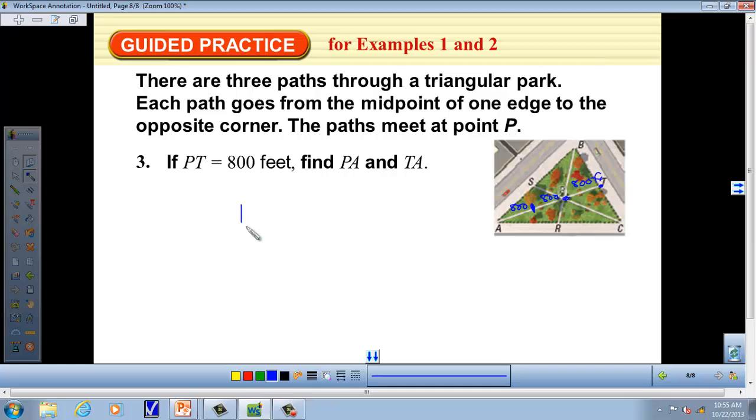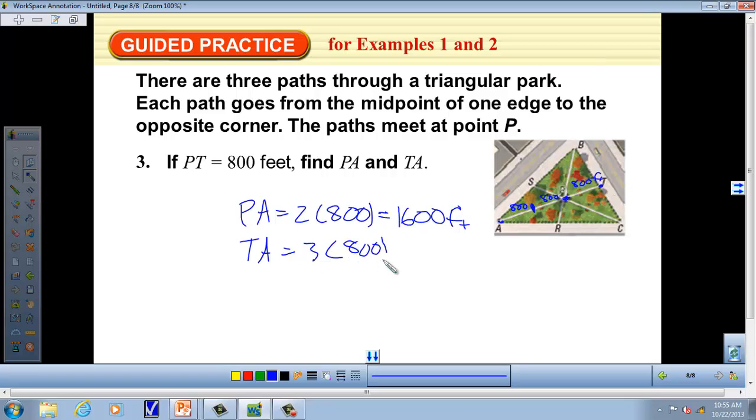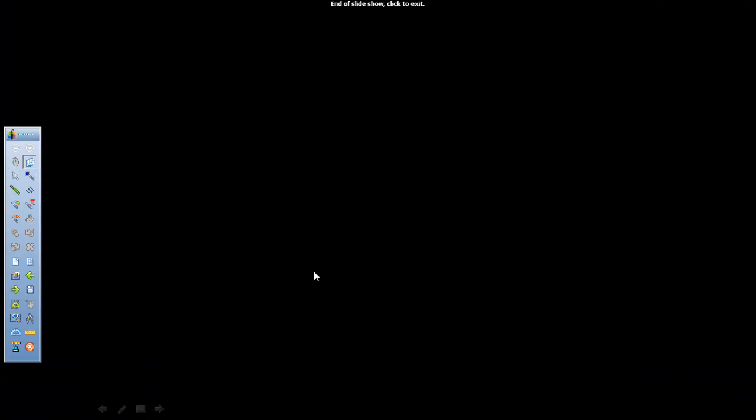So PA, which is the distance from the centroid out to this point here, would be 2 times 800, or 1,600 feet. And TA, which would be the whole distance going across, would be 3 times 800, or 2,400 feet. Okay? And that's it. Thanks.